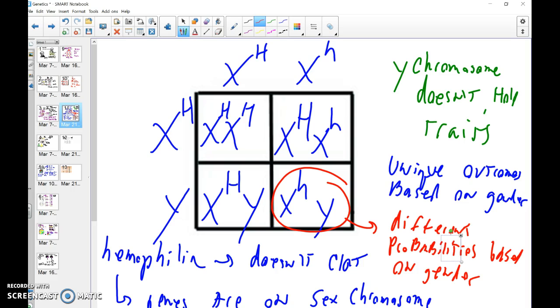Because that Y chromosome doesn't really carry genetic information other than for gender, males end up having increased probabilities for certain disorders. Hemophilia is one example. Red-green color blindness is actually another example. It's far more common in males because their Y chromosome doesn't carry any genetic material to help hide it. All right? So that's sex-linked traits.